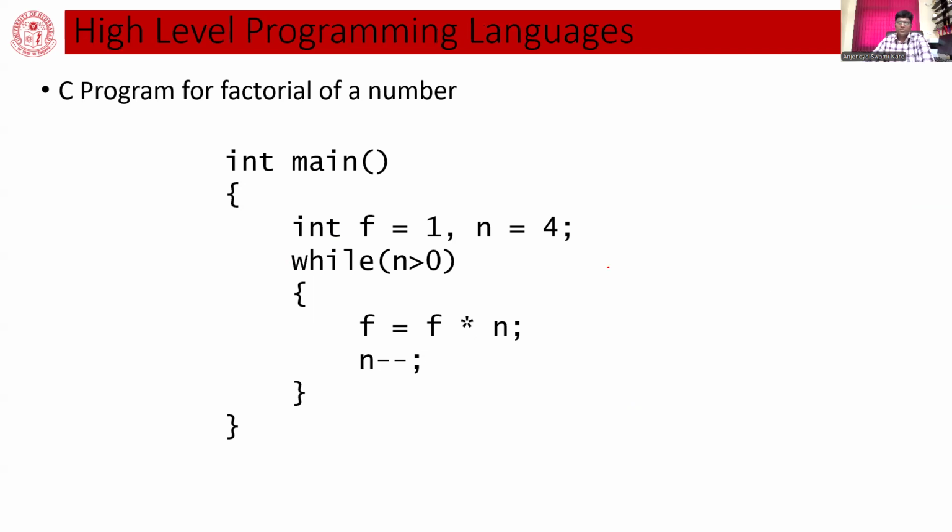High-level programming languages are closer to how we perform different tasks, and they use English-like words. So it is easy to understand and create programs compared to assembly language and machine language programs. Thank you.